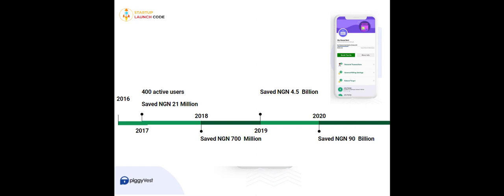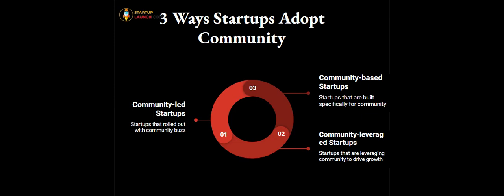For Piggyvest, they were ahead of the curve. They nipped it in the bud, and it took them to their own El Dorado. This is a brilliant example. And one of the things we need to look at, especially in your company and what you're building, is how you leverage community.